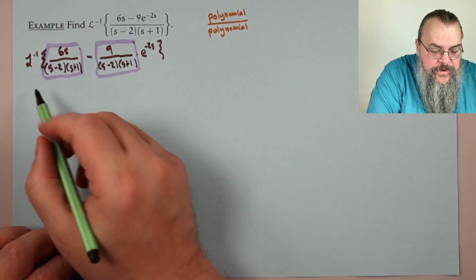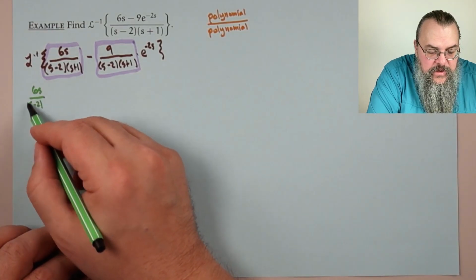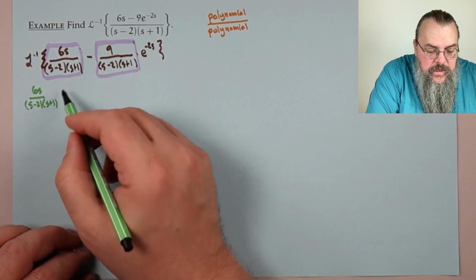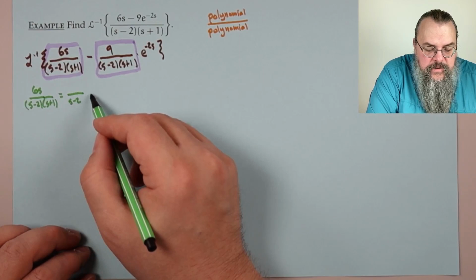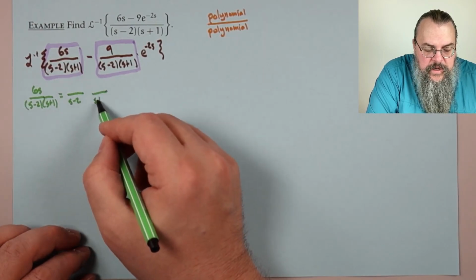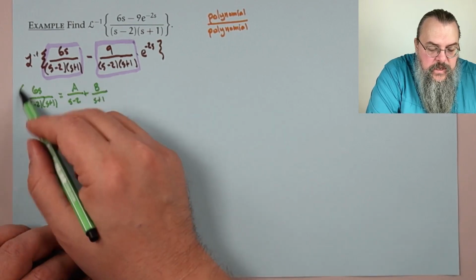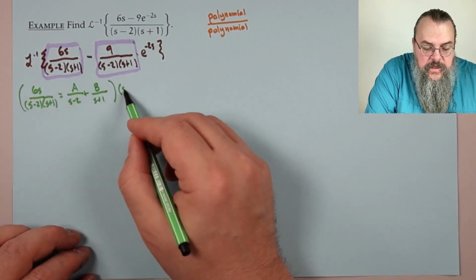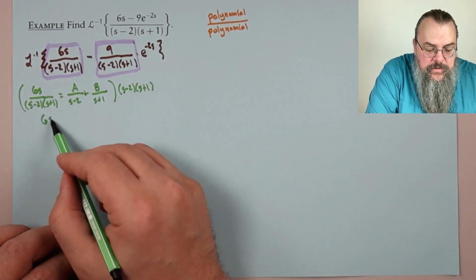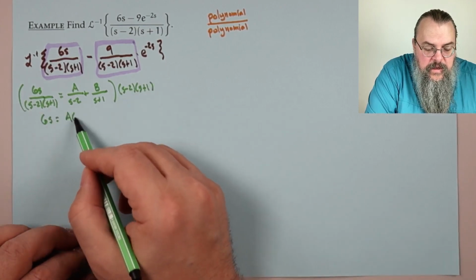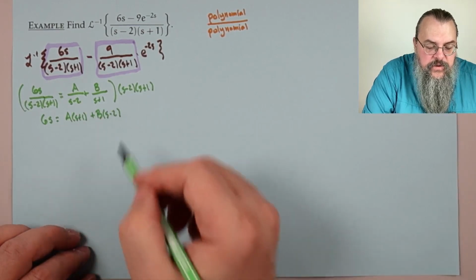Okay, so we'll start with the first one, 6s over (s minus 2)(s plus 1). We see our pieces downstairs, so we want something over s minus 2, something over s plus 1. We'll call these A and B. We clear out our denominators, and we get 6s equals A(s plus 1) plus B(s minus 2).